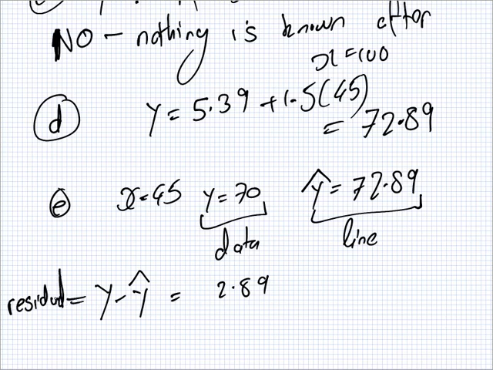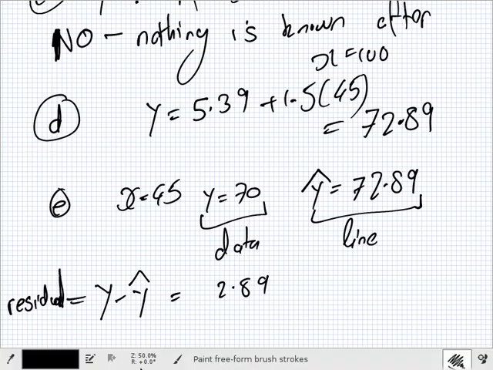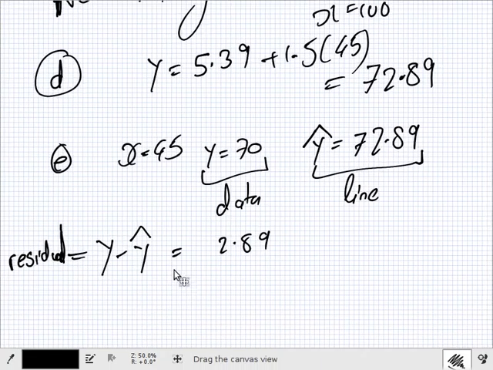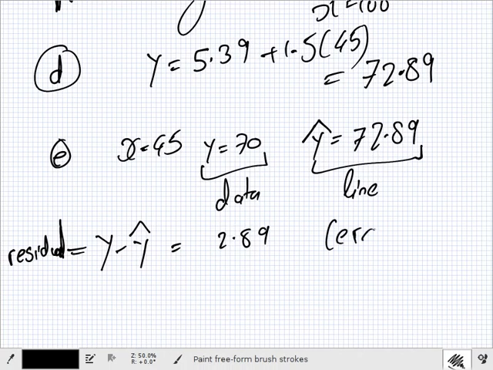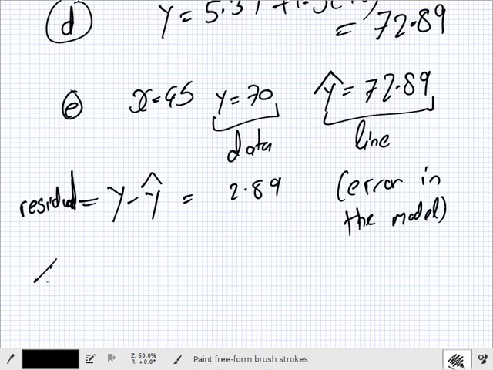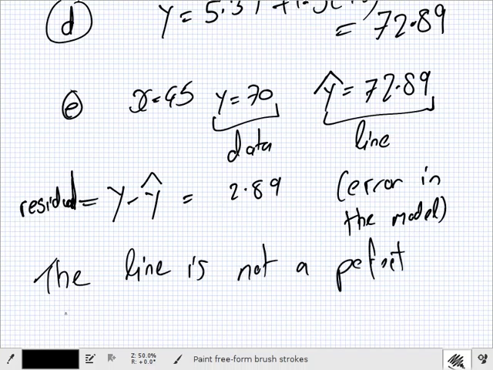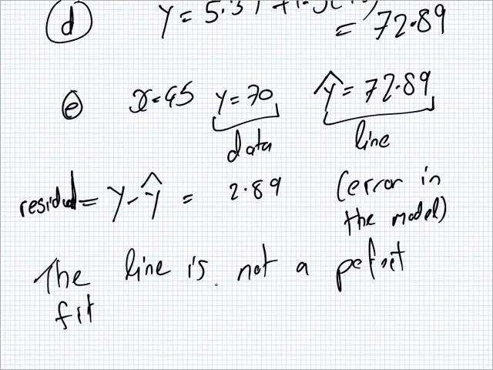But as you said, error. So what does this difference represent? It's an error in the model. The line is not a perfect fit. I know it looks like a straight line, but it's not a perfect straight line. So it's an error.